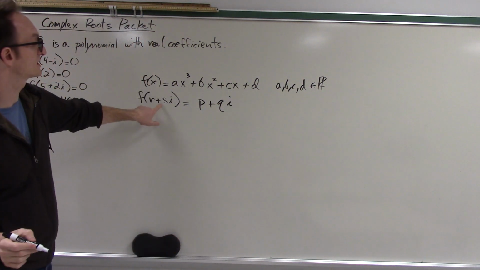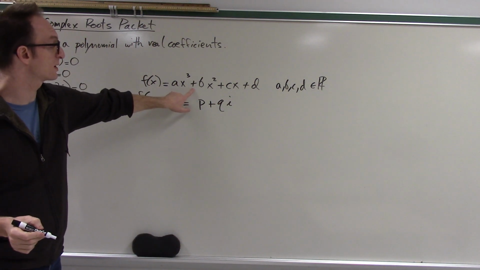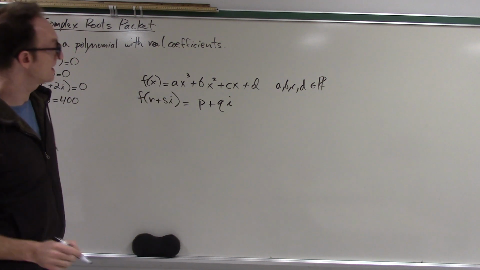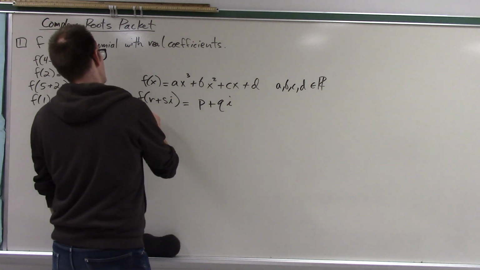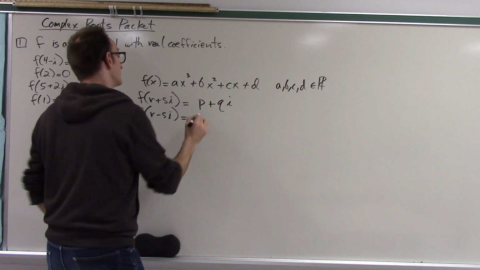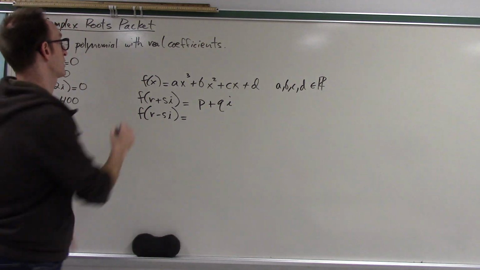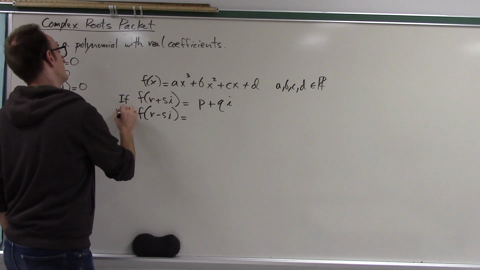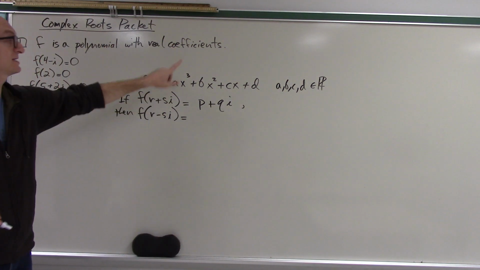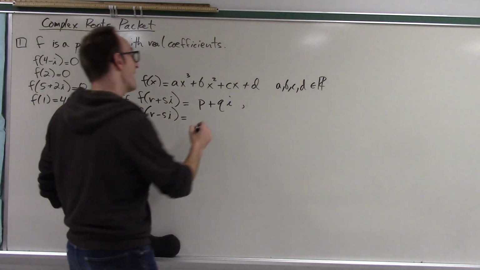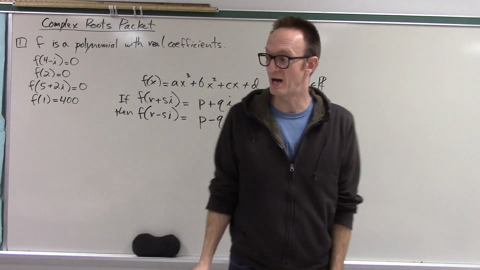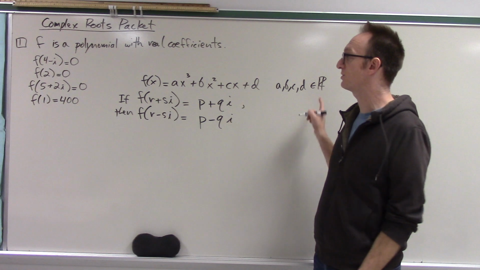So in other words, plug this complex number into this polynomial with real coefficients and get back this complex number. Then what we showed is that if you plug the conjugate into that same polynomial, so this is kind of like an if-then situation, then what you get back is the conjugate.